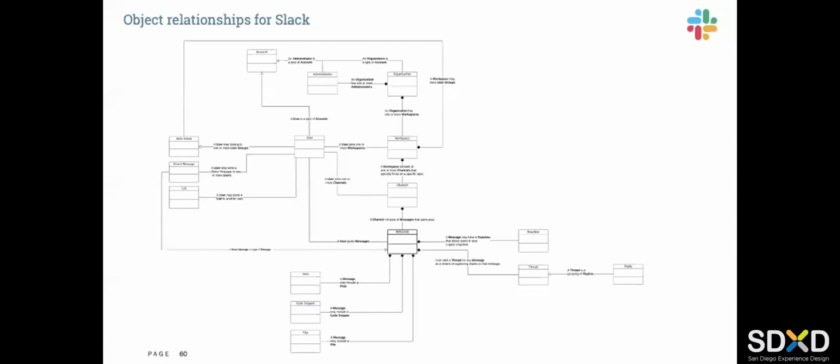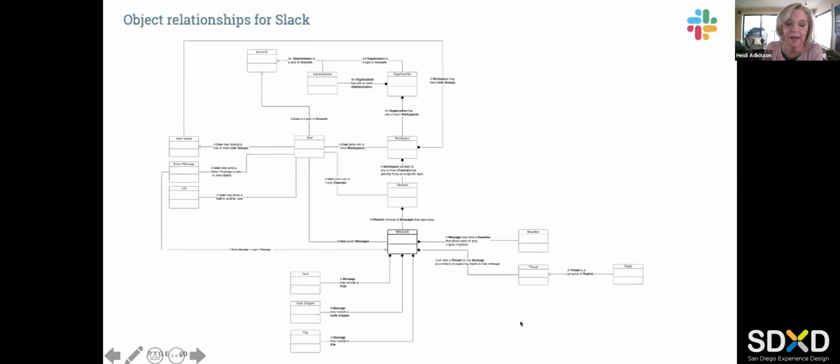So here is the object relationship model for Slack. When I do a full workshop, participants actually work on creating the relationships for the Slack objects. We don't have time for that this evening, but again, I encourage you to download the presentation and take a look at these relationships.